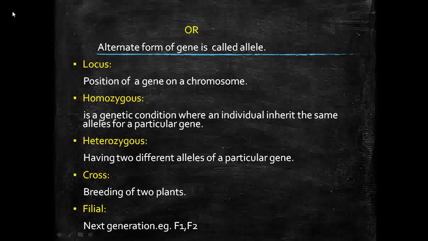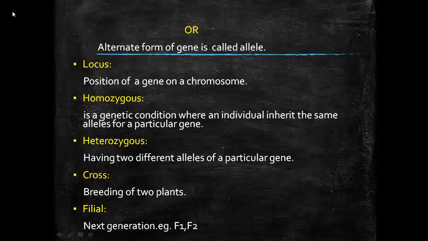The next term is homozygous. It is a genetic condition where an individual inherits the same alleles for a particular gene. An individual possessing similar alleles for a particular trait is called homozygous, or pure for that trait.